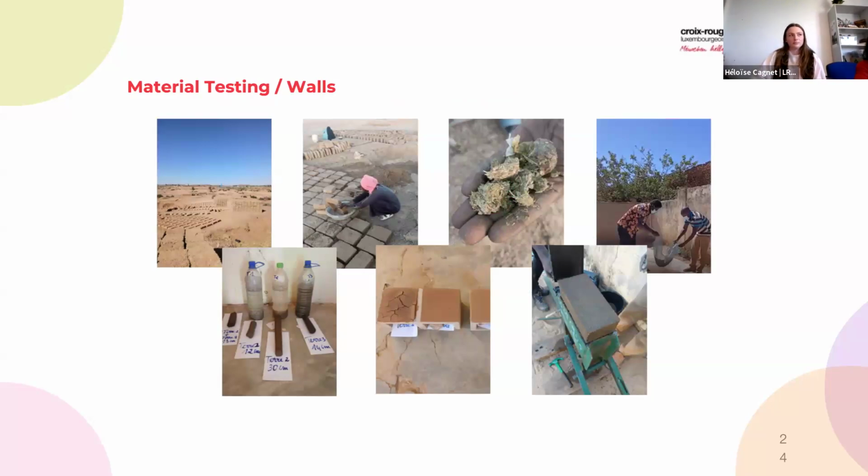Here is also a little bit of the work that we did linked to earth construction. We not only tried to better understand how bricks were already being produced in place, but we also tested CEBs, compressed earth bricks, and also evaluated the possibility of introducing such machinery to speed up and to improve the type of earth bricks that are available in the local markets.